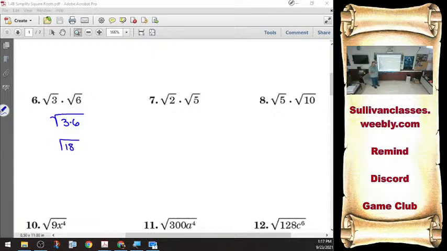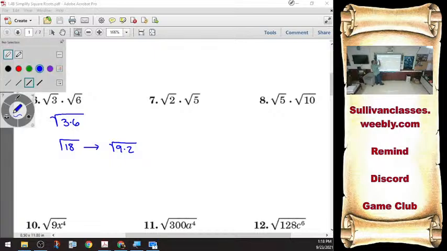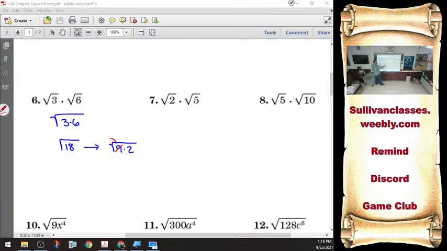And then simplify that. 9. We know that a 9 goes in there, right? 9 by 2. 9 is a perfect square. The square root of 9 is 3. So this is 3 square root of 2. That's one way to do it.